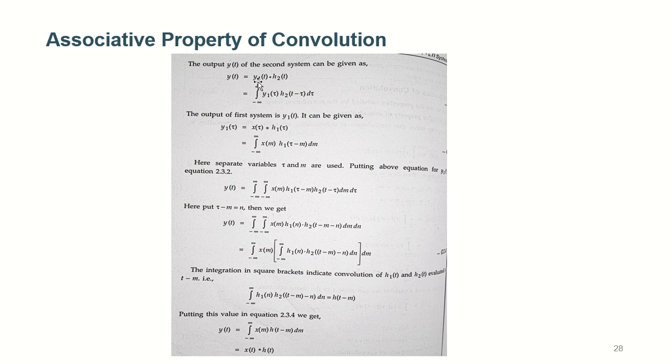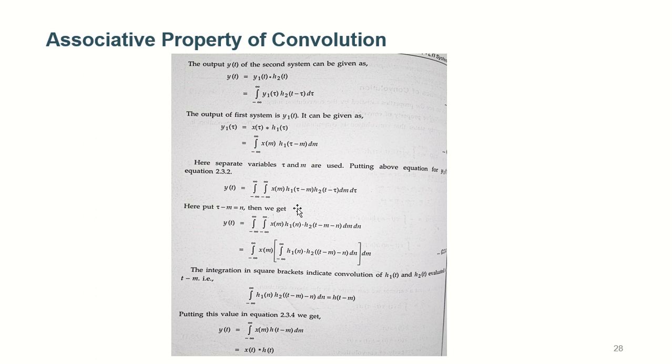What is the value of y1 of t? This one. So we will take x of m h1 of tau minus m dm, and after that h2 of t minus tau d tau. So we took all this here. We just put the value of y1 of t here and then h2 of t. This will look something like that: we will have two integrations, x of m h1 of tau minus m h2 of t minus tau dm d tau.